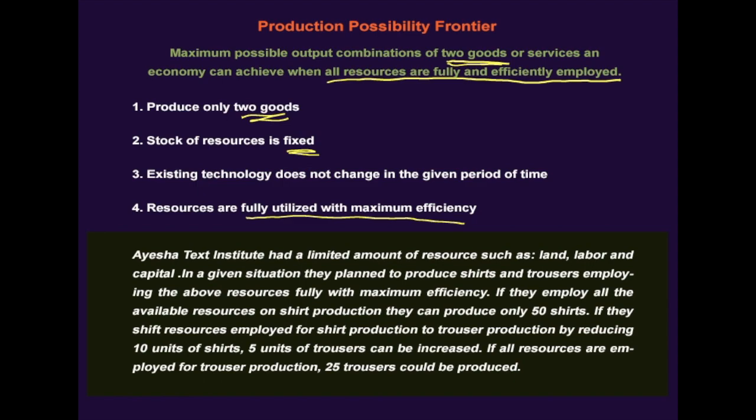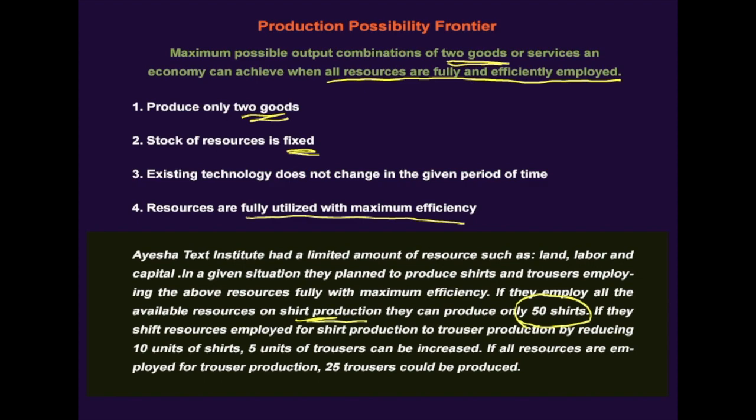Now, the most important part here is that we should be able to jot down a chart before we can draw the PPF. If you look at the example, if all the resources are employed only for shirt production, then it can produce only 50 shirts, meaning when they produce 0 trousers, it can produce 50 shirts with the given resources.